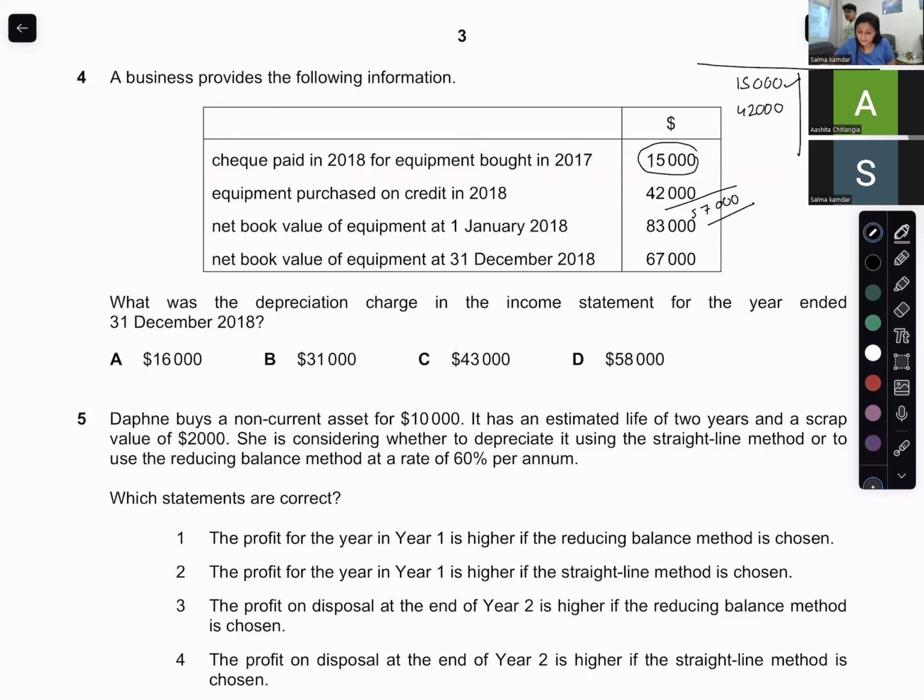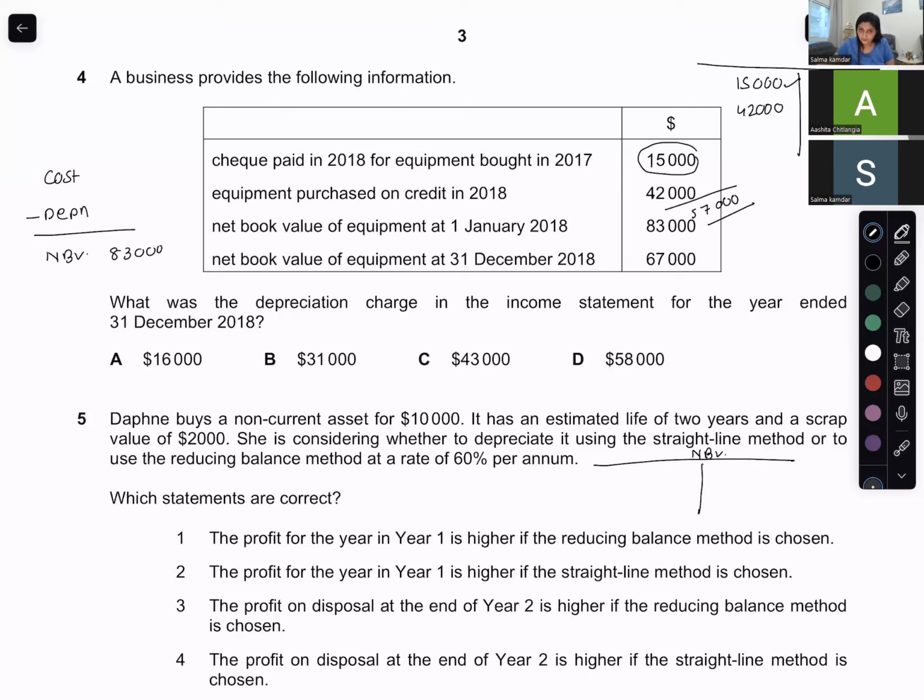Net book value of the equipment on 1st January 2018. I could say that cost minus depreciation would give me the net book value. Net book value is 83,000. I don't know the cost. So can I make the asset account at net book value?